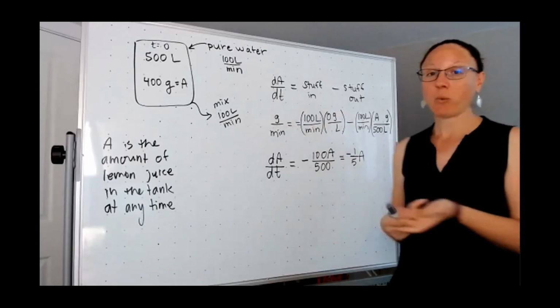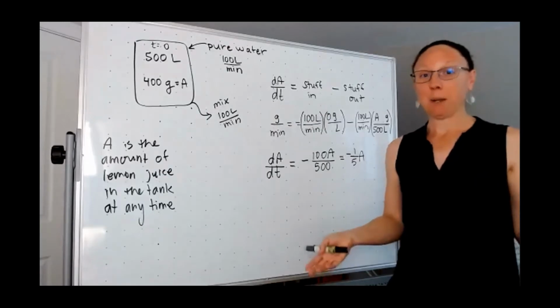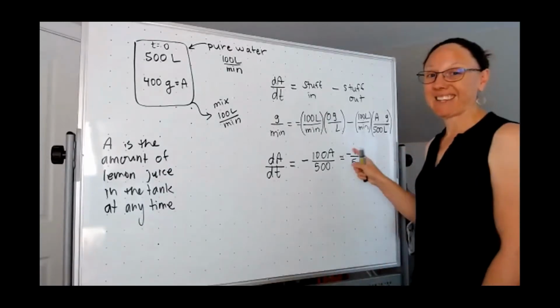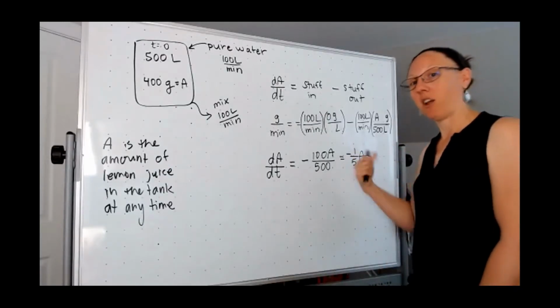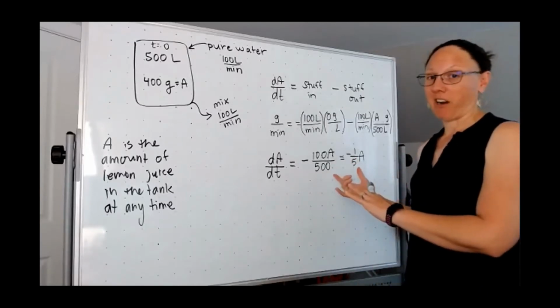If I'm going to solve it, we have choices, which always makes students uncomfortable. But I like to leave the number part alone on the right-hand side when I'm separating the variables.